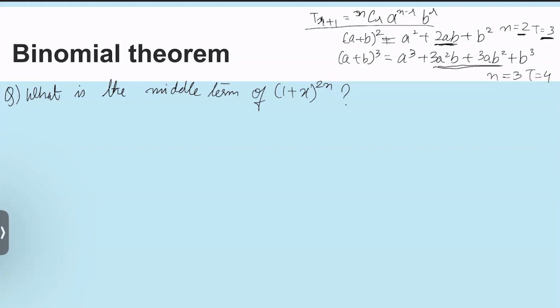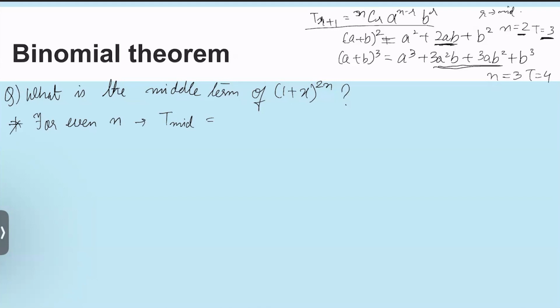So we have to remember, there is this rule which you can remember, that for even n, your middle term is going to be, okay, so over here, how will you find the R that you have to find? Okay, what is your R for the middle term?